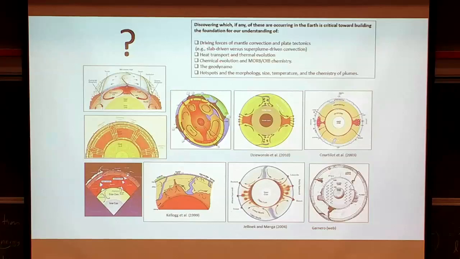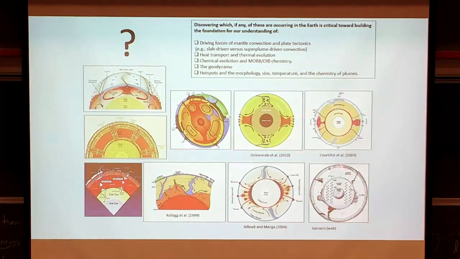about the Earth. One is the driving forces of mantle convection and plate tectonics. Each of these models would lead to a different set of drivers that is causing plate tectonics. Heat transport and thermal evolution is very much affected by which one of these models is occurring in the Earth's mantle.